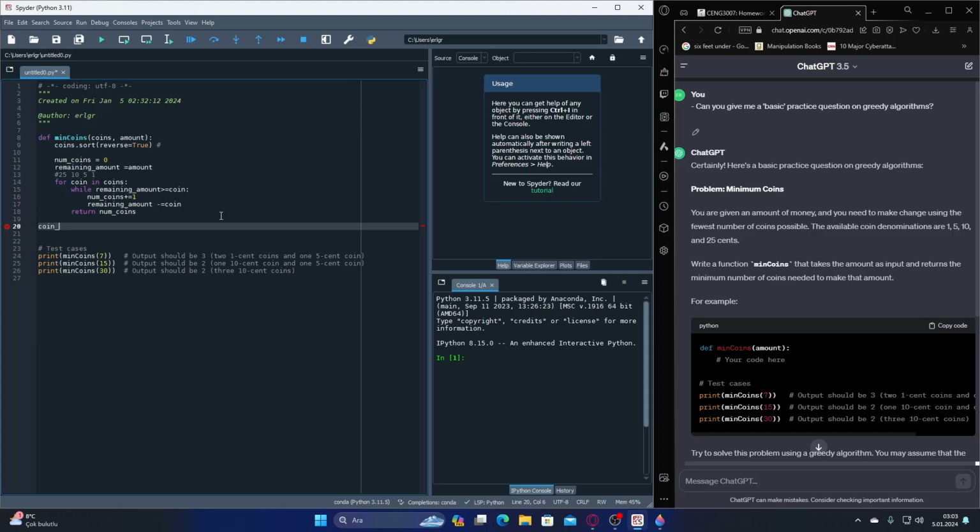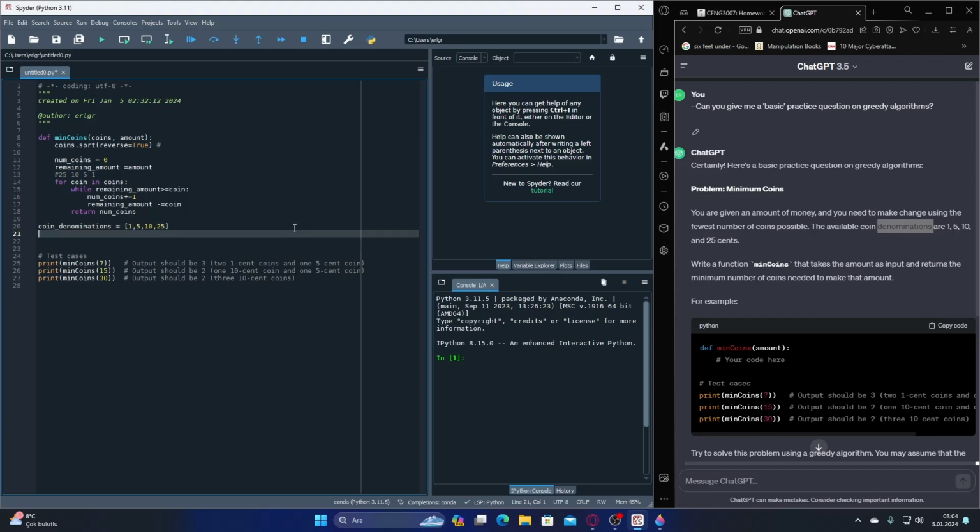I couldn't decide which name I should give. Yeah, denomination, this is the right word, and it will be equal to 1, 5, 10, and 25.